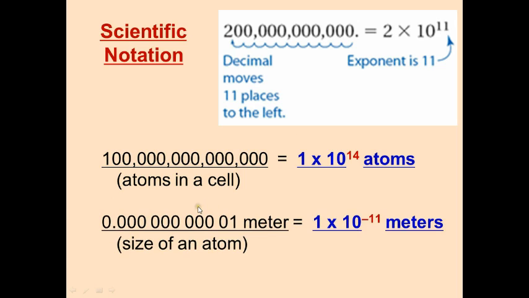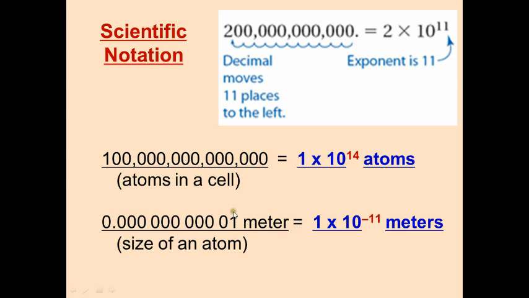For the next problem, this is a super small decimal, so that's how we get the negative exponent. We do the same thing: count how many digits we have to pass until we get the decimal. There's only one digit in front, this 1. So we move 1, 2, 3, 4, 5, 6, 7, 8, 9, 10, 11 digits.